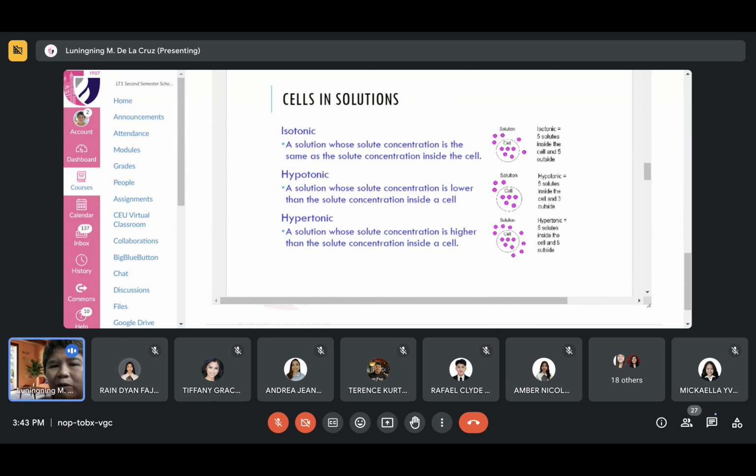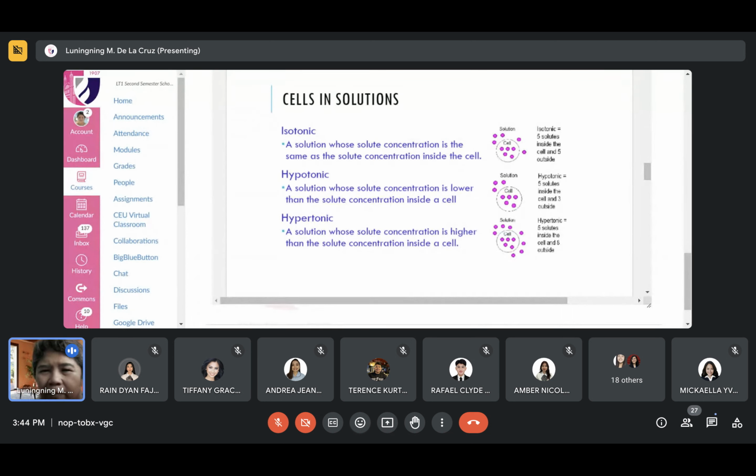Then we talk of hypotonic solution. This is a solution whose solute concentration is lower than the solute concentration inside the cell. An example of this one is distilled water, the real distilled water.